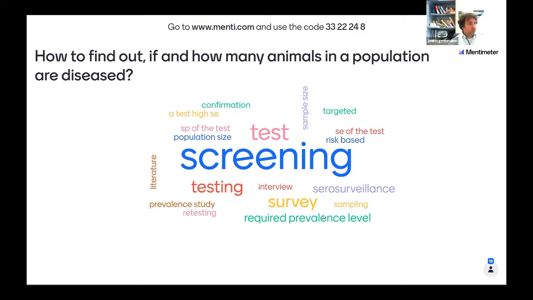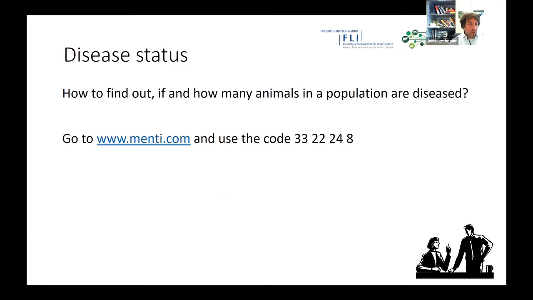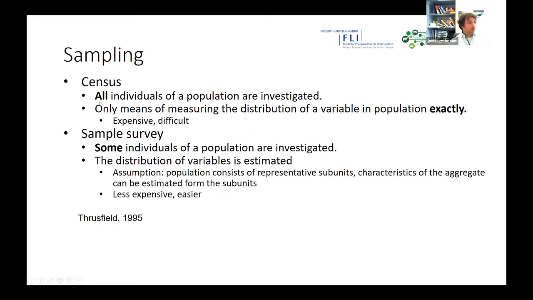So we have different ideas. There's one idea none of you has mentioned. We can test all the animals in the population. This is called census. So census means I will test all the individuals of a population.